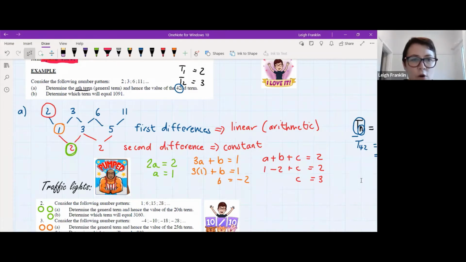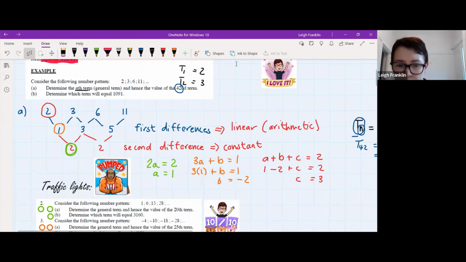What does 1091 represent, Renewa? Renewa, are you there? Ma'am, I'm thinking we should find the number that is a term of 1091, the general term.